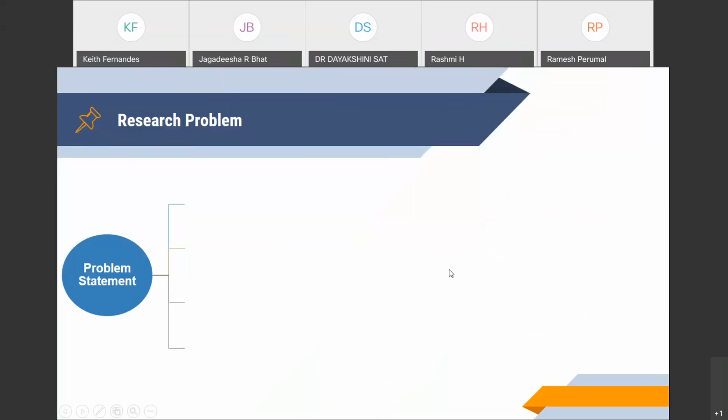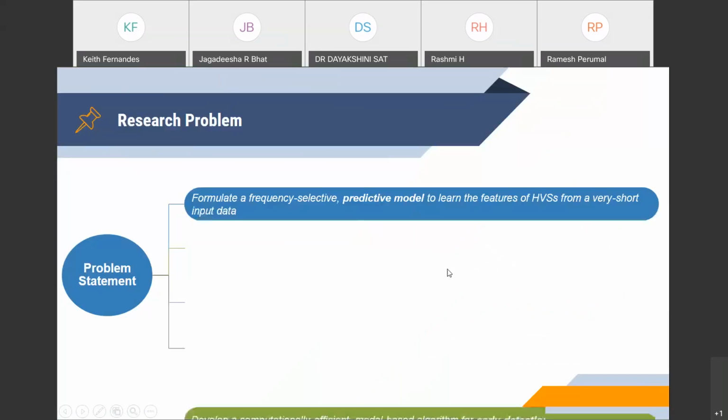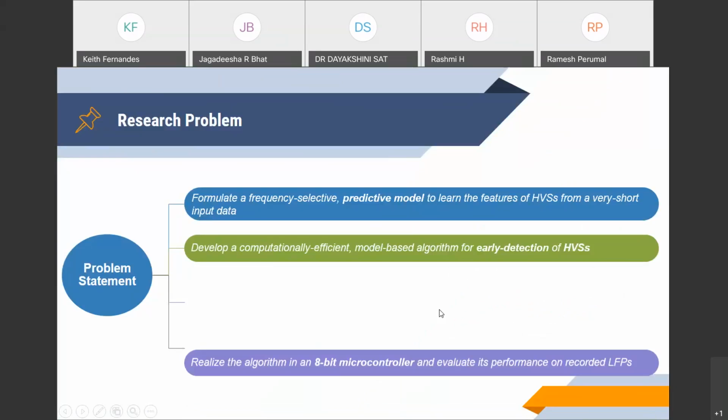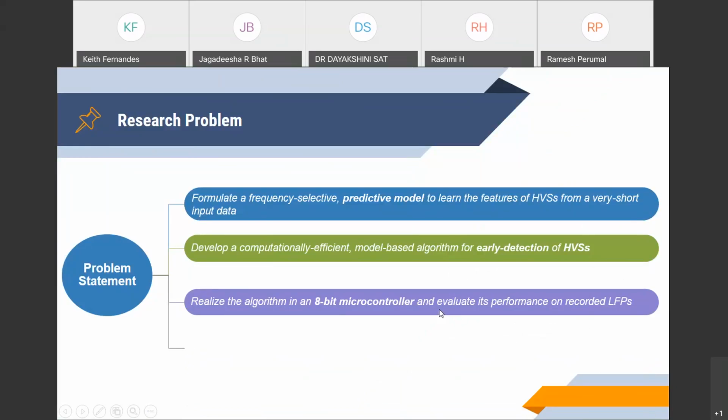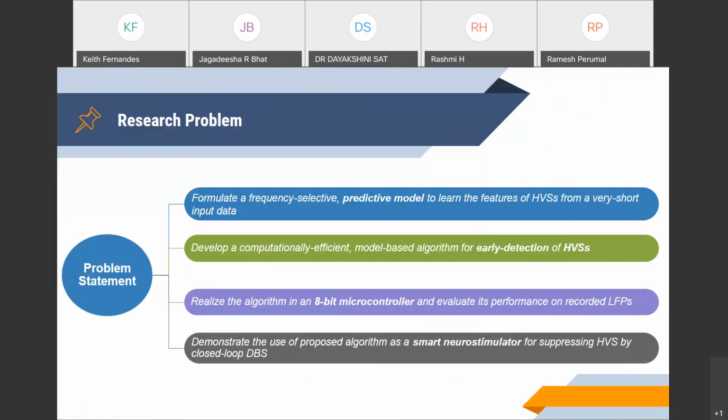So, the research problem, I will brief in the form of four objectives. We need to formulate a frequency selective predictive model. I will explain later why we need a predictive model. First we'll visit the conventional techniques, and then move to the requirement of a predictive model.